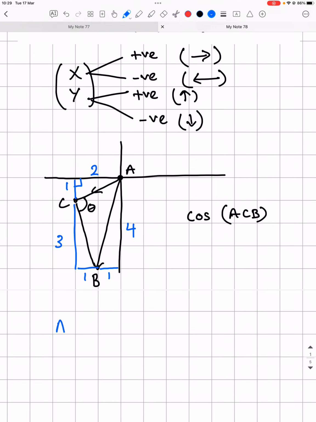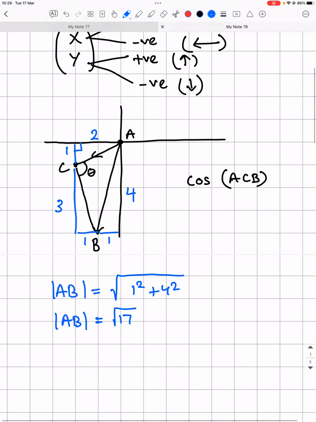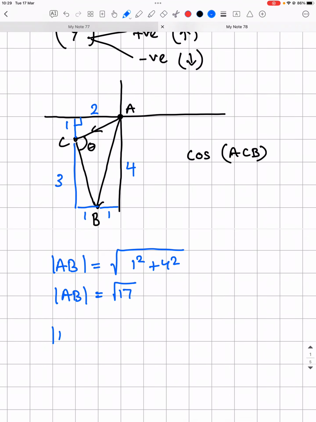If I start with A to B, the magnitude of A to B would just be the square root of 1 squared plus 4 squared. So that would just be the square root of 17. That's easy enough. The magnitude of A to C should just be the square root of 1 squared plus 2 squared.